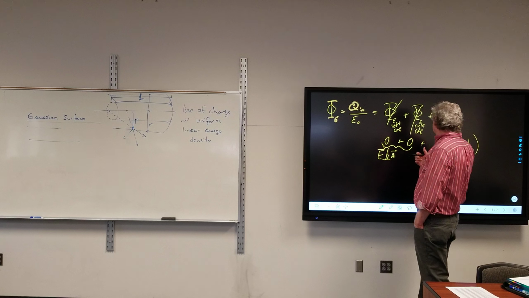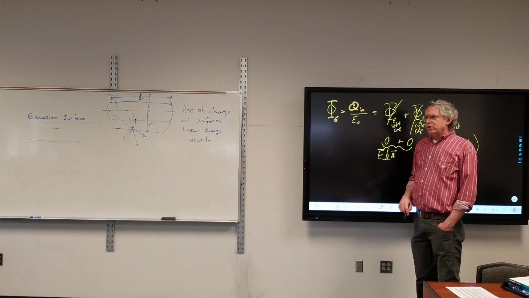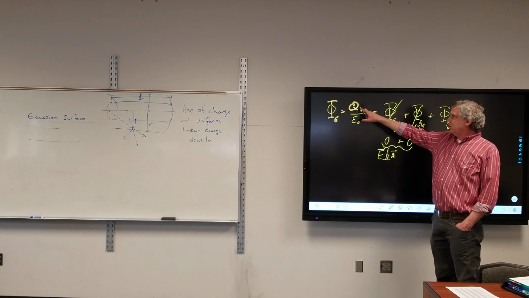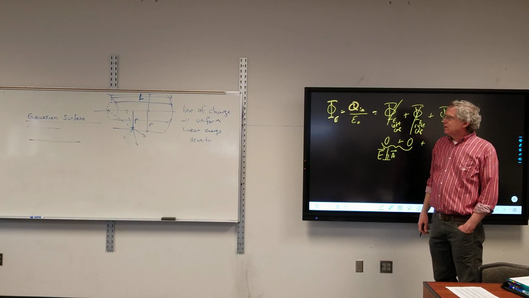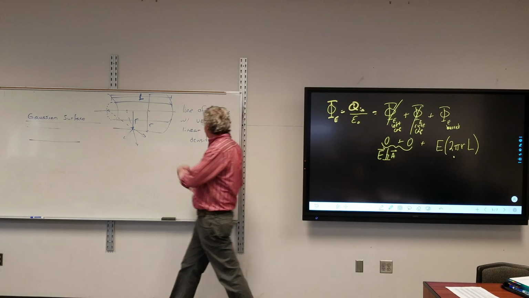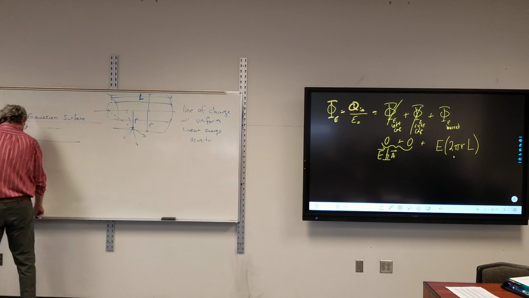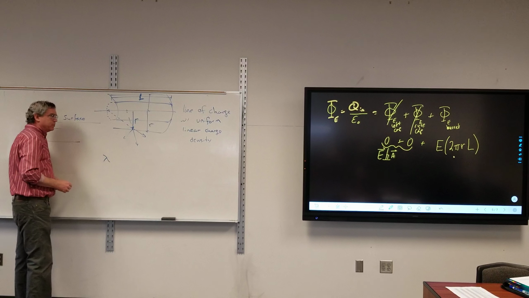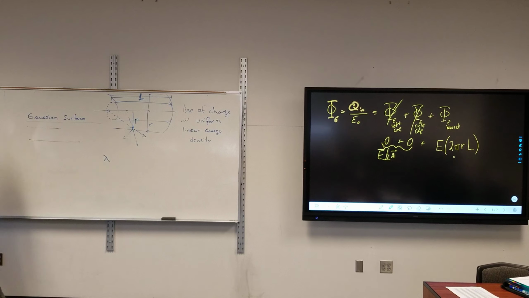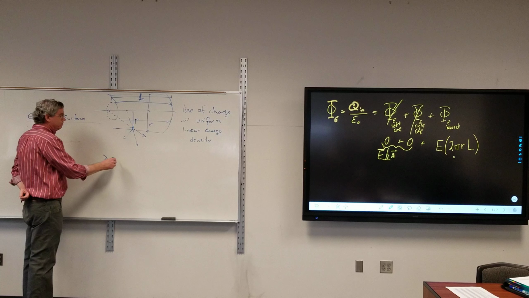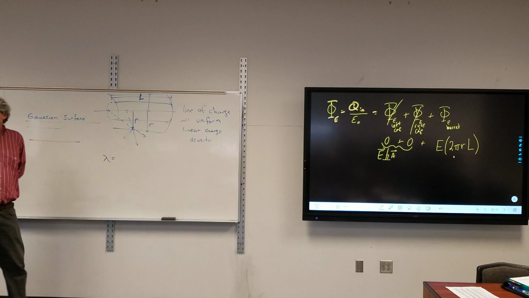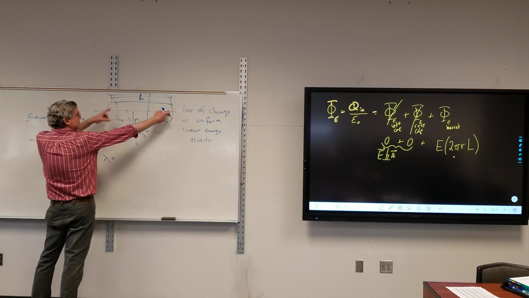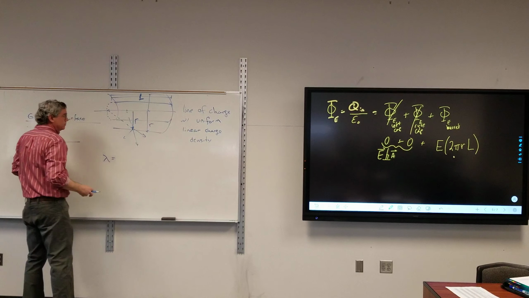Now, the enclosed charge. This is equal to the enclosed charge divided by this constant. My enclosed charge: I have a uniform density here. I will use lambda to represent that linear charge density. It's just equal to charge over length. No matter what charge and length I pick, it's uniform, so that ratio stays the same. What is the charge inside my Gaussian cylinder?